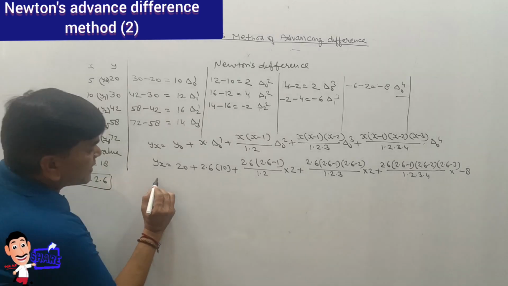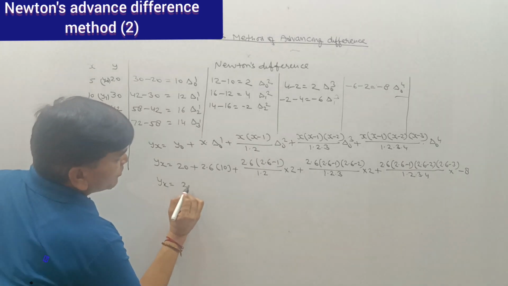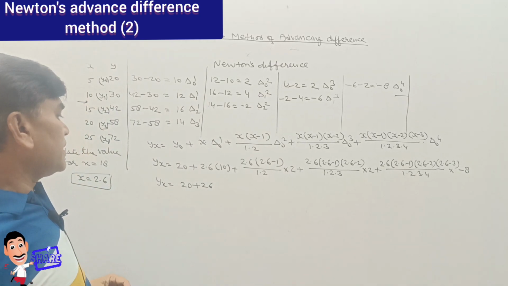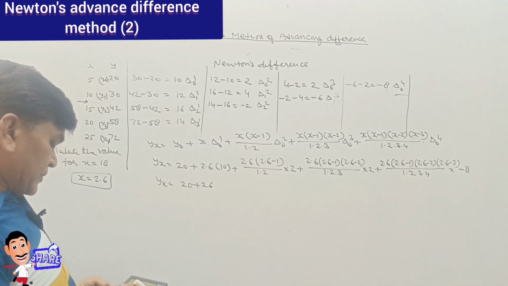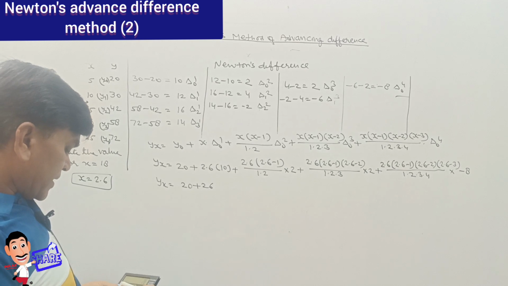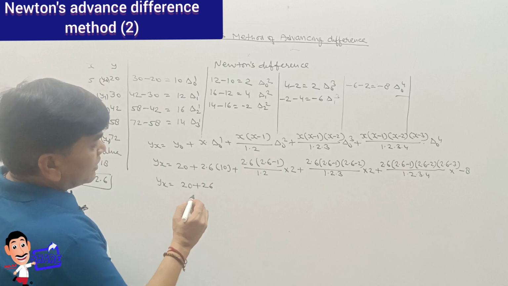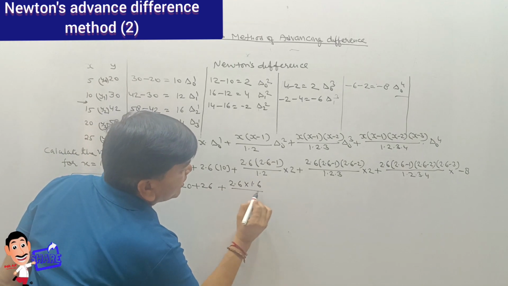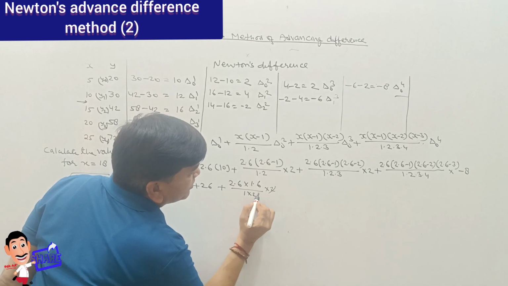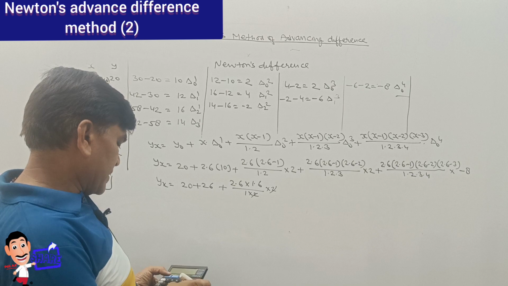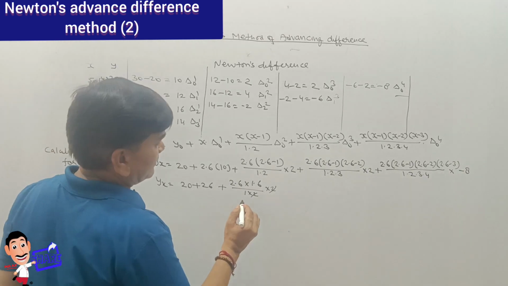So now the yx is 20 plus 26. The first one, 20, is a plus value, 26 is also a plus value, then 2.6 multiply 1.6 divided by 1 multiply 2 multiply 2, the 2 and 2 cancel. So 2.6 multiply 1.6 gives 4.16.